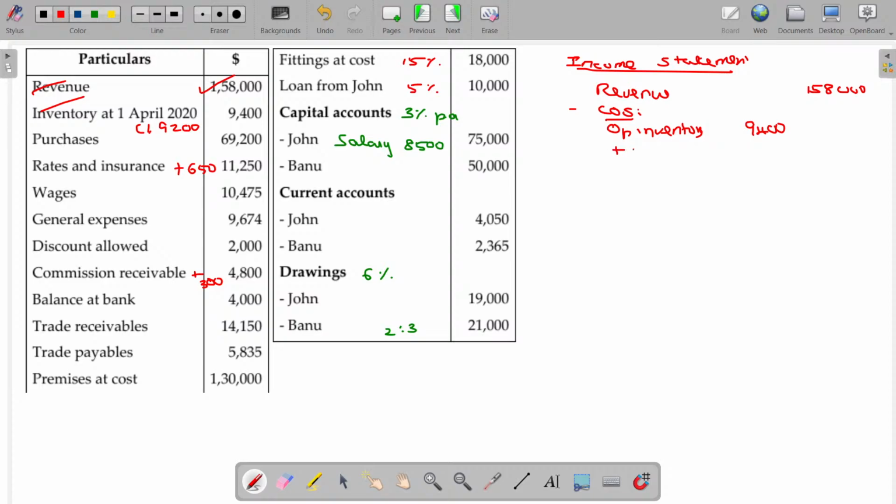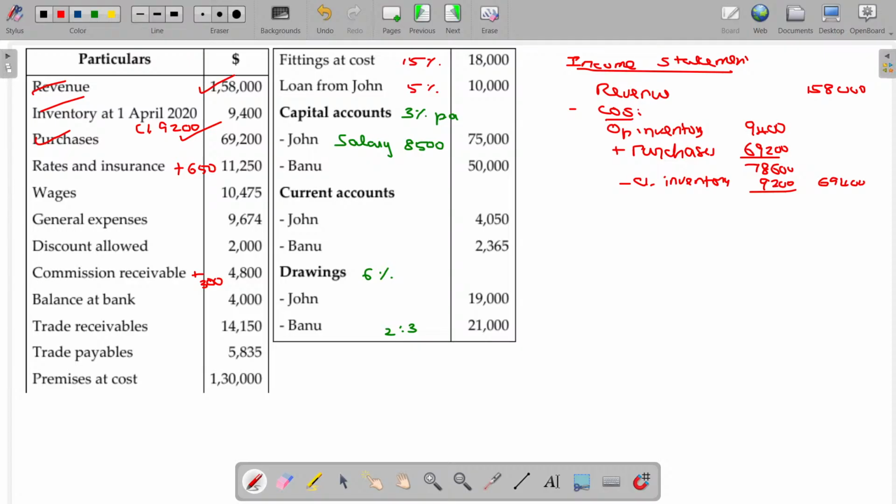Add purchases 69,200, total 78,600, minus closing inventory 9,200. Then material cost being 69,400. Do we have any other production related expenses? No.